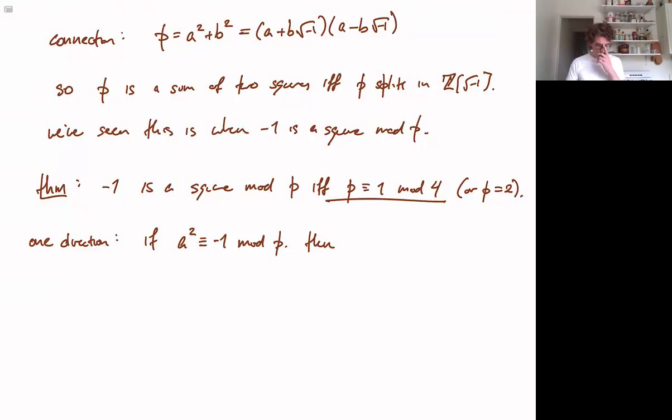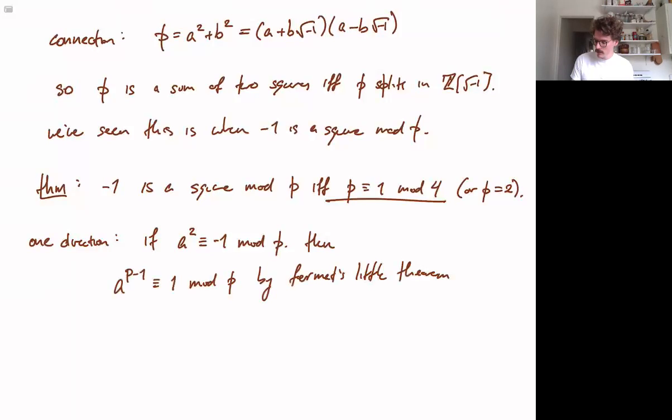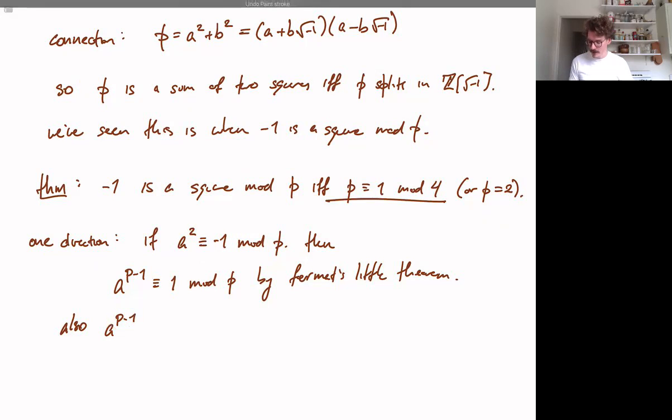So first of all, we can write a to the p minus 1 is congruent to 1 mod p. This is just from Fermat's little theorem. But since we have a squared congruent to -1, we can rewrite this also. a to the p minus 1: if p is an odd prime, then p minus 1 is even, so we can divide it by 2.